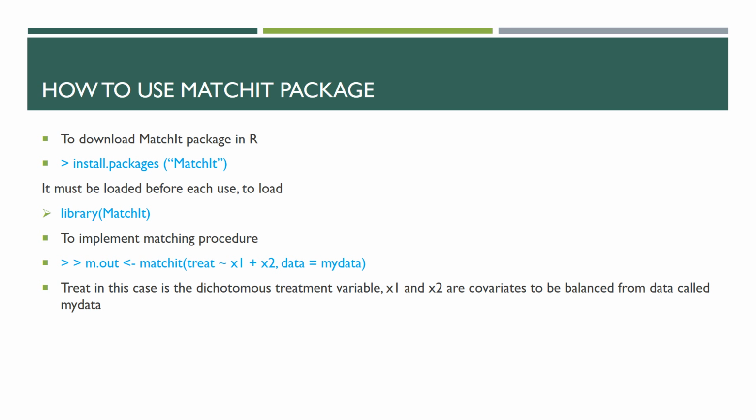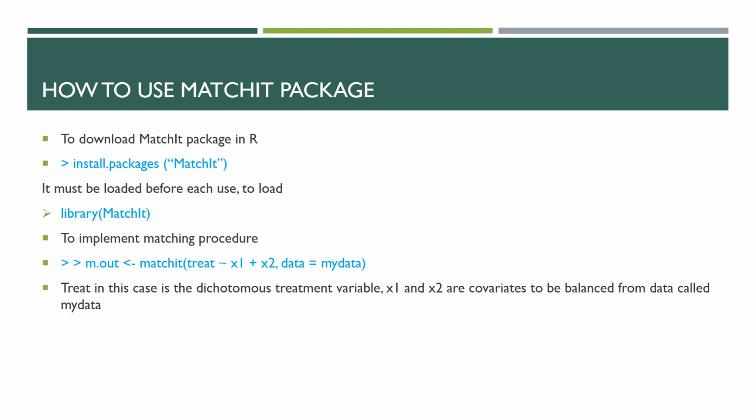How do we use the MatchIt package in R? To download the MatchIt package in R, the command is install.packages parentheses matchit close parentheses. It must be loaded before each use, and that is one particular feature of this package, that it must be loaded before each use.